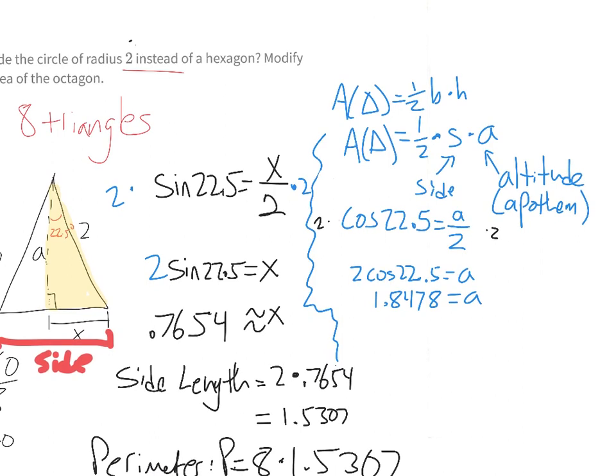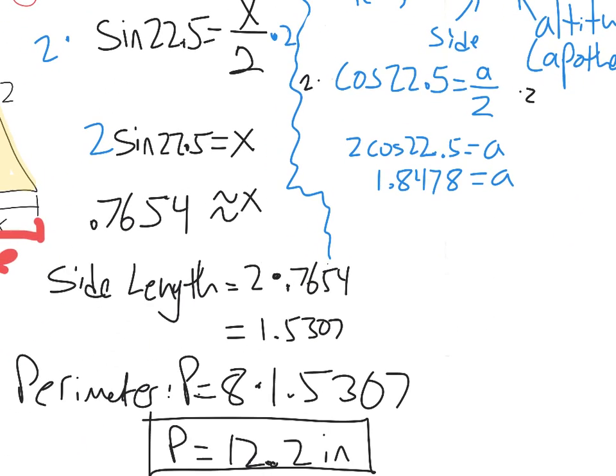Well, now if we want to find the area, we have 1/2 times the side times the altitude, or the apothem. Well, we know the side, right? We found the side length right here. So there's our side length. Okay, so we have our area of the triangle. It's useful to note, like I'm doing there, triangle, because we haven't talked about the whole polygon yet.